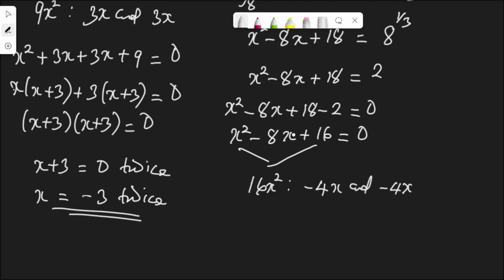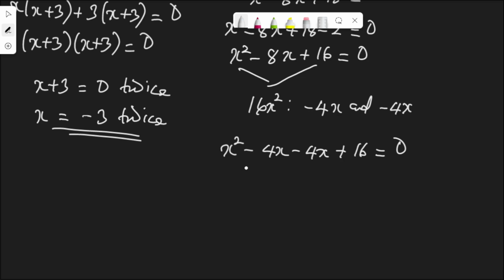When this is added, we'll get this, and when we multiply them, we'll get this. So replacing the middle term, negative 8x, with these factors, we'll have x squared minus 4x minus 4x plus 16 equal to 0. I'm going to group it two by two: x squared minus 4x and minus 4x plus 16 equal to 0.